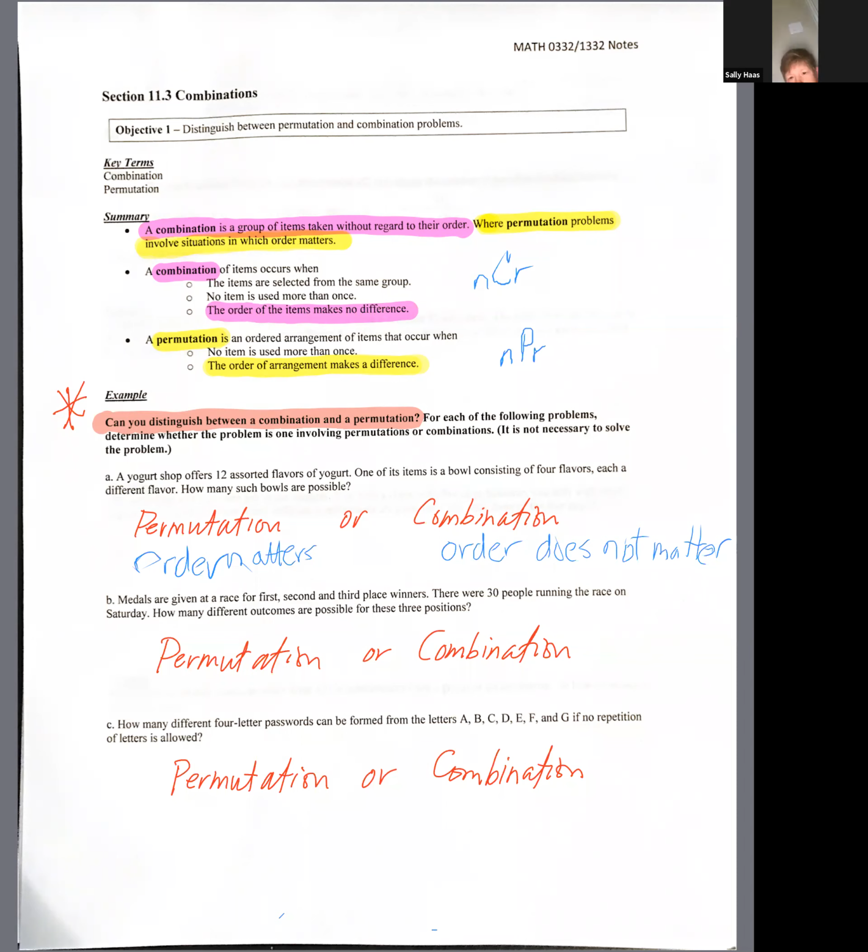Is that going to be a different combination than if I choose chocolate, then vanilla, Rocky Road, and chocolate chip? Would your bowl have the same 4 flavors in it? What do you think?